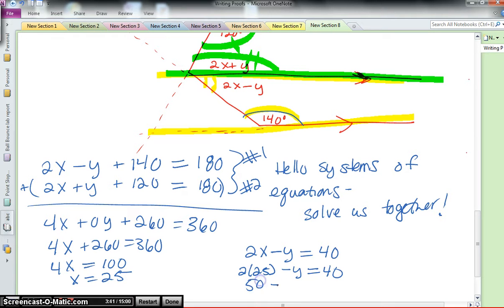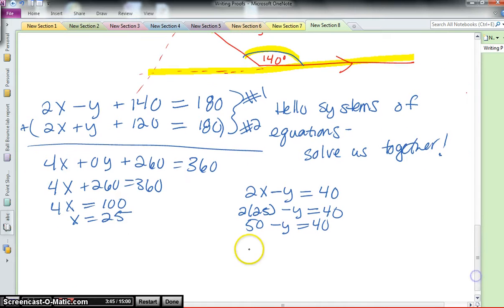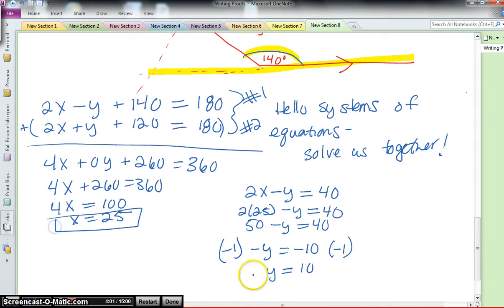Well, 50 minus something has to equal 40. Negative y equals negative 10. y must then equal 10 by the multiplication property of equality or the division property of equality. So our x is 25 and our y equals 10.